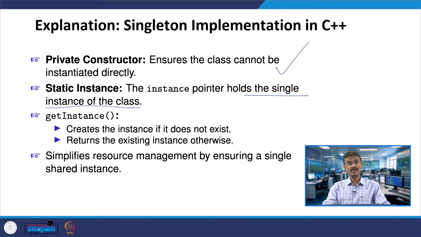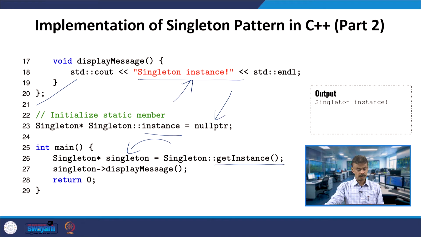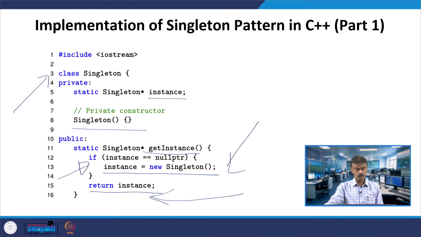That is why you have the static instance, and then you have a member function called get instance. As I said, if there is no instance it will create the instance; if it is already there, line numbers 12 and 13 will not be executed, and the existing instance will be returned in line number 15.